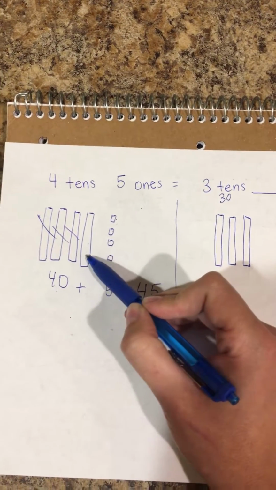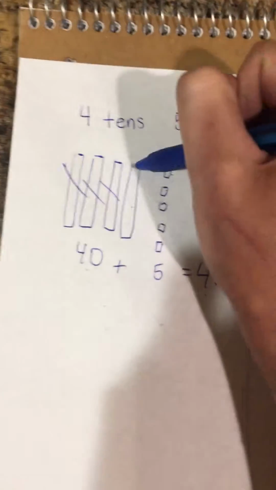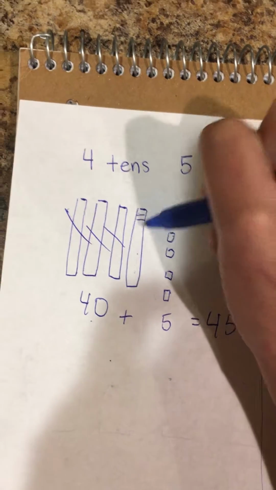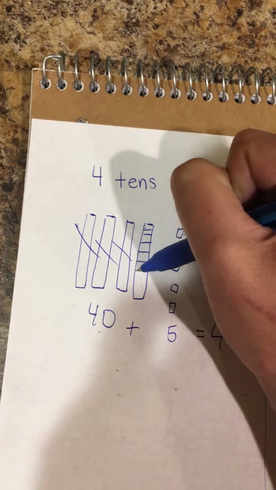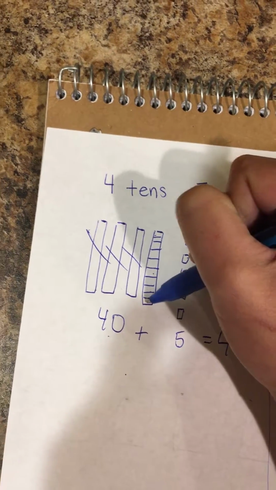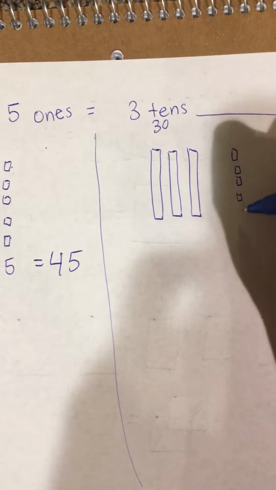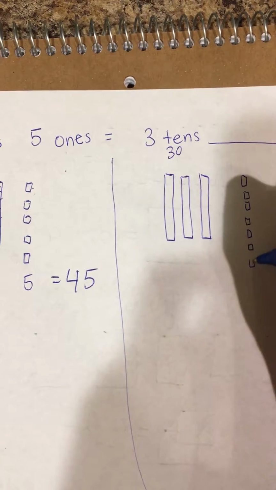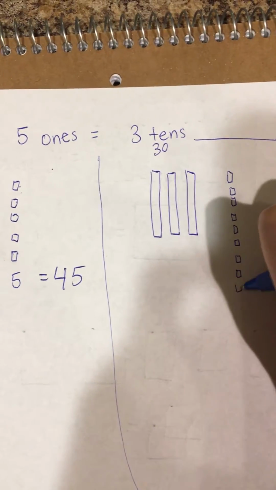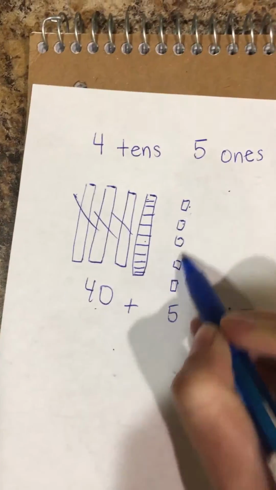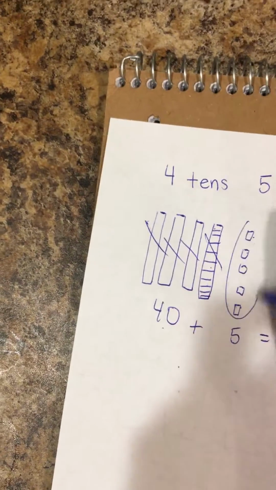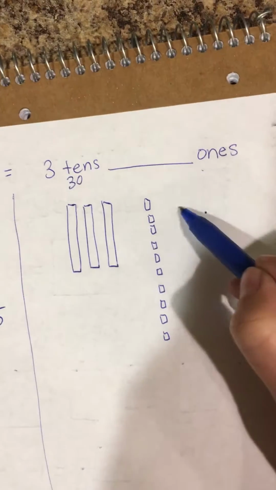So I'm going to basically break this apart into its ones. 1, 2, 3, 4, 5, 6, 7, 8, 9, 10. And then we still have these guys. I'm just going to transfer them.